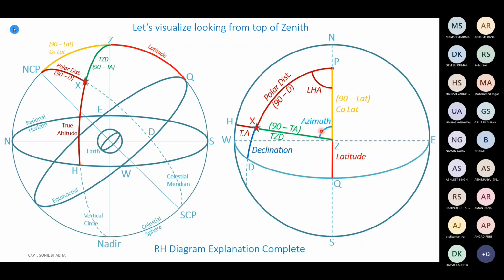So this particular angle tells us the direction of the body with respect to true north. This is the quadrantal azimuth of the body, or the azimuth in the quadrantal notation.